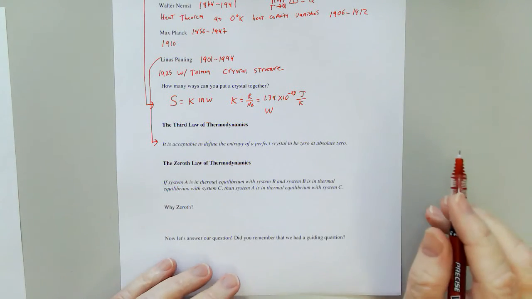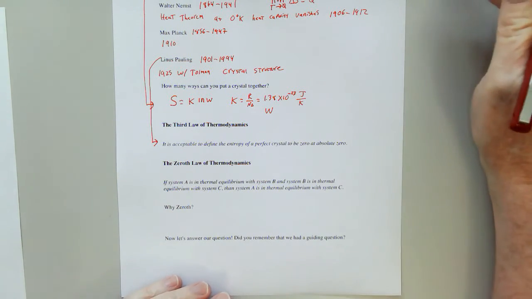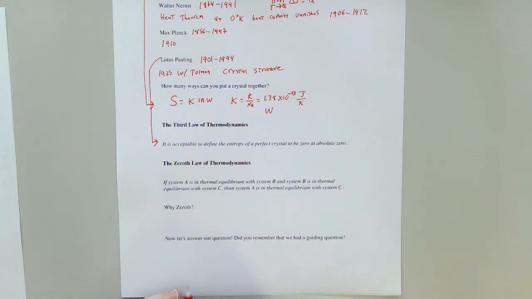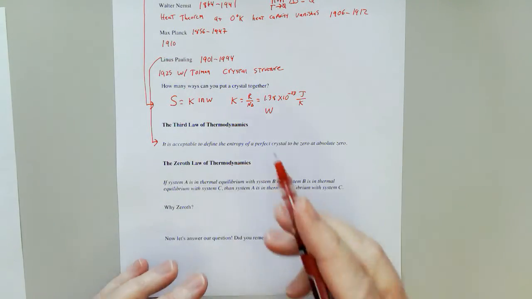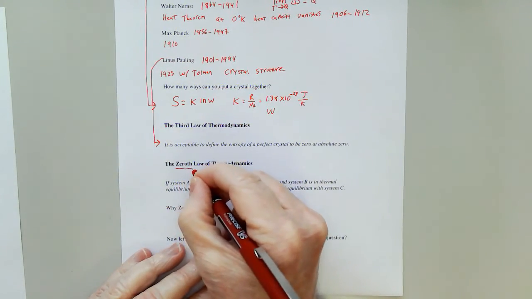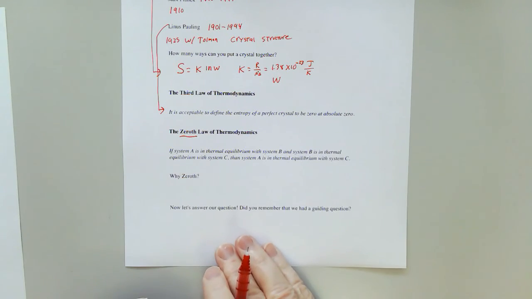Okay. Now, we've talked about the first, second, and third law of thermodynamics. It turns out that there's a prerequisite for all of this to be true. And if this prerequisite doesn't hold true, all of the laws of thermo fall apart. For that reason, they called it the Zeroth Law of Thermodynamics.